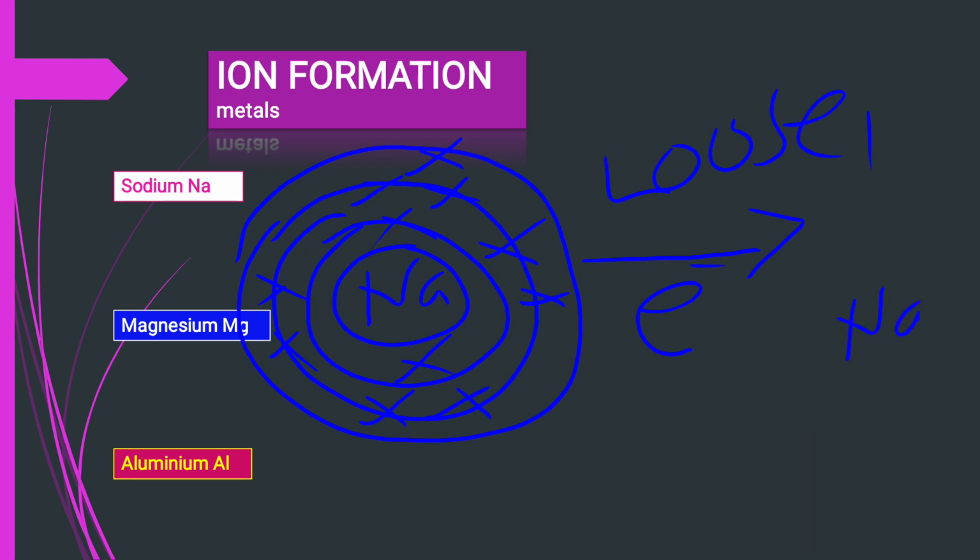with this electron configuration. First energy level, first electron, then we have the second energy level like that, with how many electrons? With a total of 8 electrons.